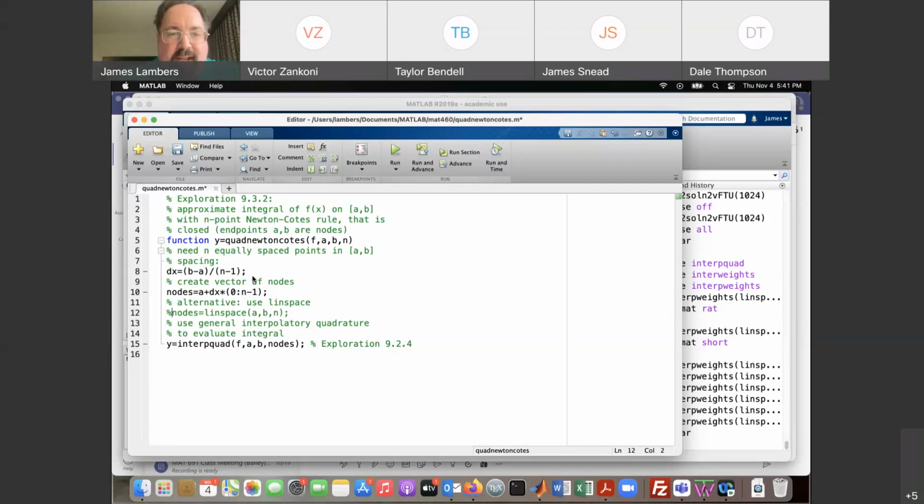So therefore, you're going to have n minus 2 nodes in the interior of AB, and those n minus 2 points will sit between n minus 1 subintervals. So this is how many subintervals of AB are created by choosing the nodes. So this is the spacing between each node, b minus a over n minus 1. And then to get a vector of the nodes, you take that spacing and multiply it by the indices, so 0 to n minus 1.